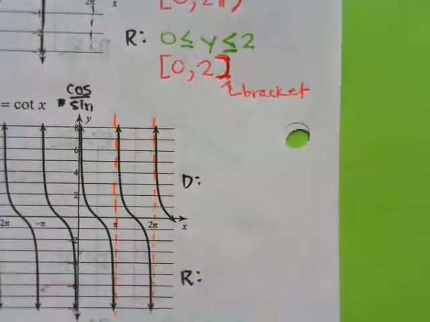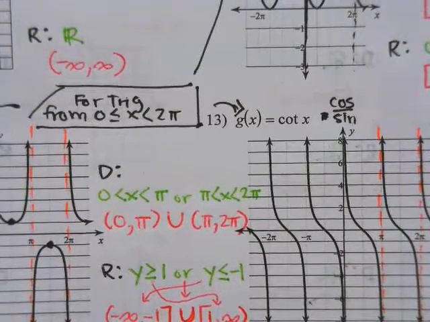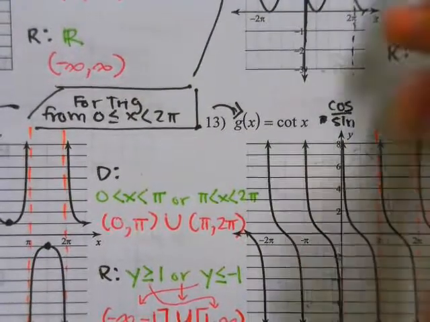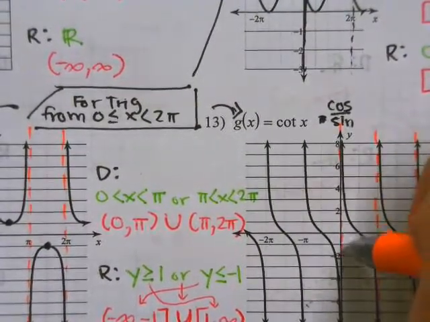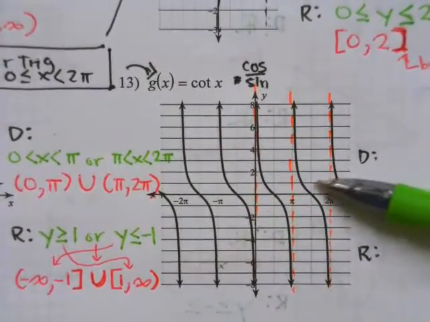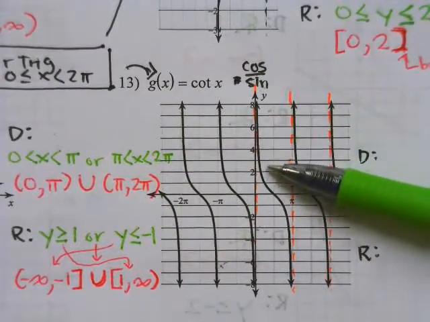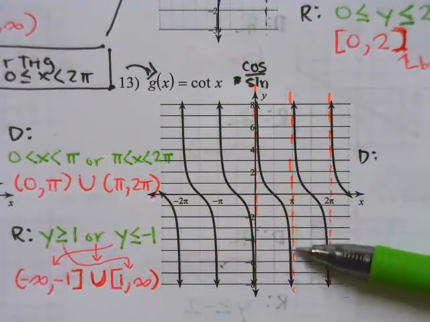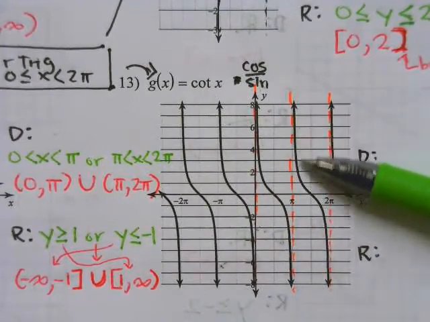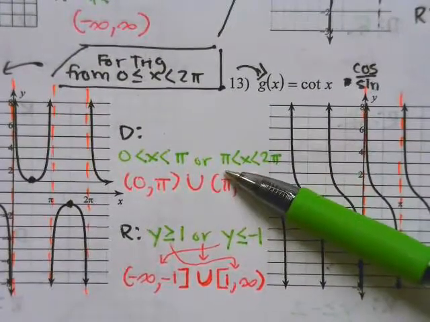Okay. Domain. Well, the good thing about domain is I'm already telling you guys where to look, and I believe we have the same domain as the cosecant. And the reason why we have the same domain as the cosecant is because we have the same asymptotes, and it looks like we can plug in all the x values that are present over here in between these. So we're going to have the same domain actually, and I'm just going to copy that down.